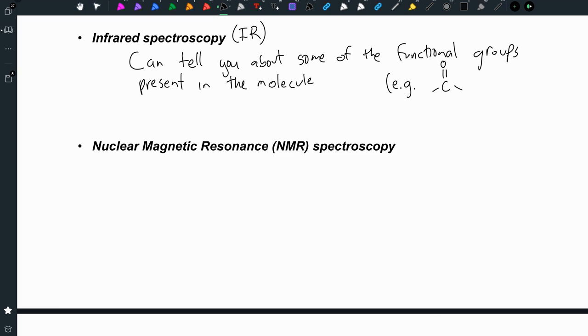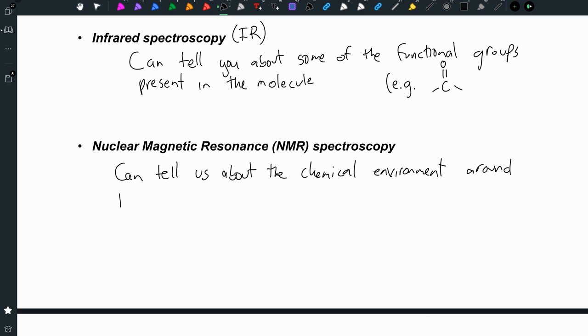The last one we'll talk about is called NMR spectroscopy, nuclear magnetic resonance. And this can tell us about the chemical environment around specific atoms. Specifically, we'll focus on the hydrogen atoms.